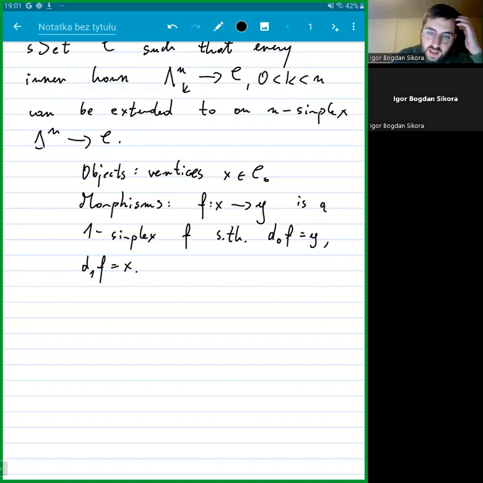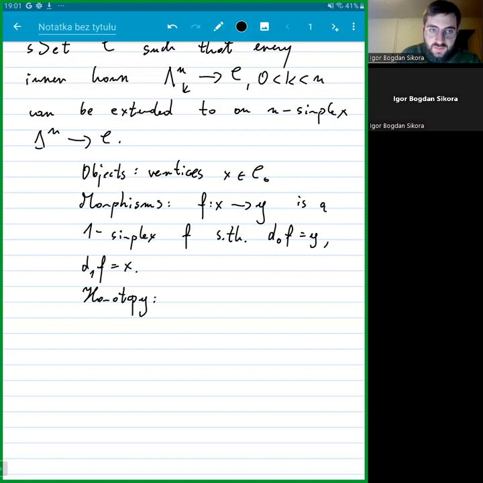However, the whole idea of quasi-categories and infinity categories is that we not only have one morphisms, we actually have two morphisms and morphisms for every n. So what will be two morphisms in our category? These will be homotopies between morphisms.